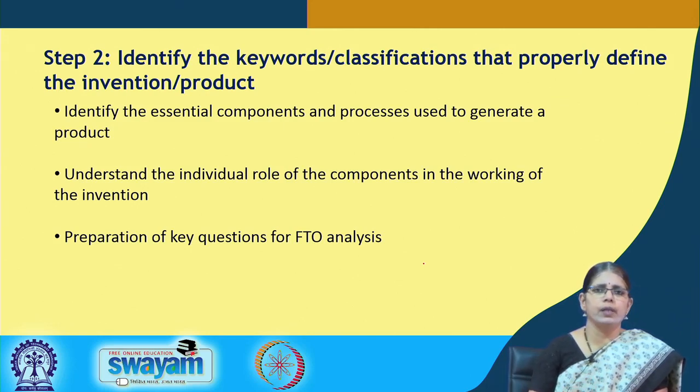What are the different ways in which the product can be used? What are the different interventions that you are looking at? What are the different alternatives that could exist from the point of view of use of that particular product? So, there are several questions one can come up with in relation to the FTO analysis. These will guide you in taking up the next steps in relation to the FTO search.